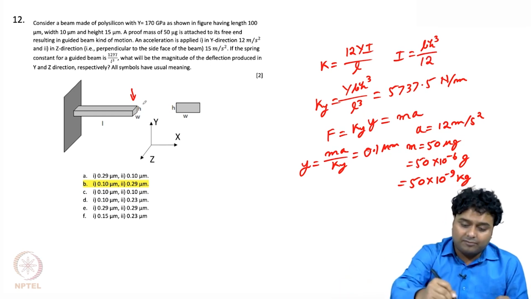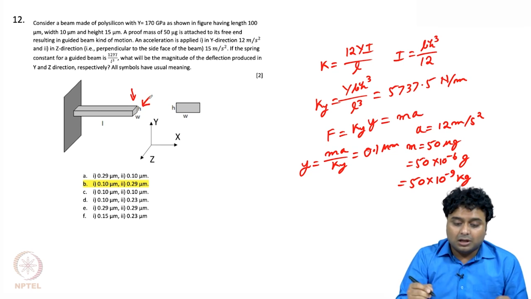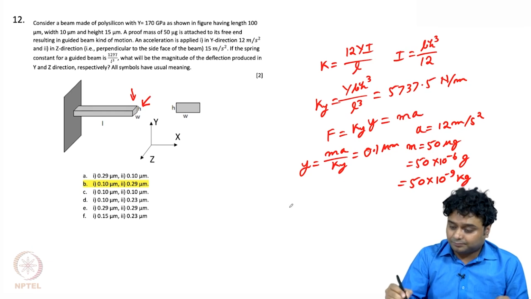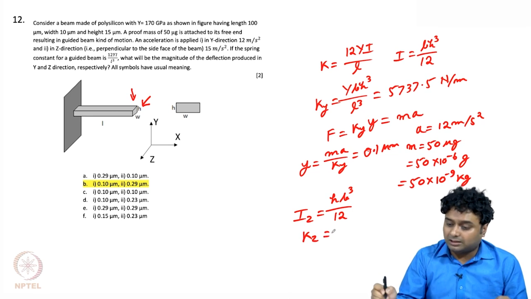But if I apply the force in the z direction, then I am applying the force along its width, and h is actually perpendicular. So in that case, Iz is not bh cube by 12, rather h b cube by 12, and because of that kz will change.